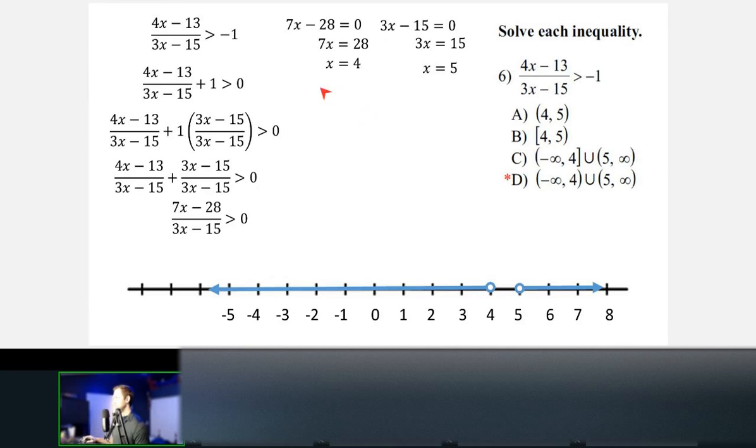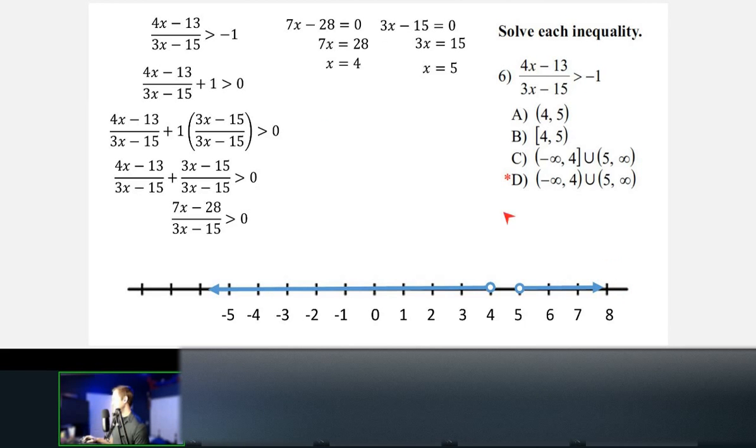And what we got to do from here is, I didn't show my work, but we have to do test points. We have to test to the left, to the right, and in between. So if I was going to show the work beyond this point, I would probably choose 0 to plug into the original problem. I would probably plug in 10.